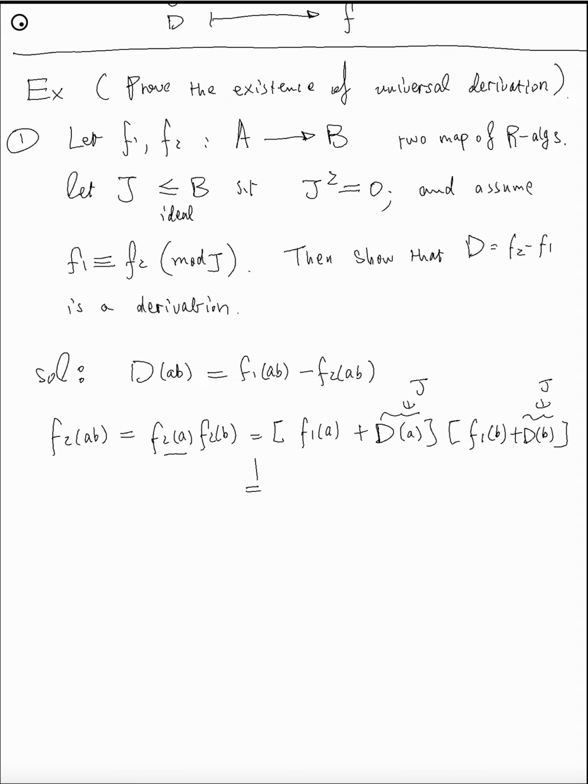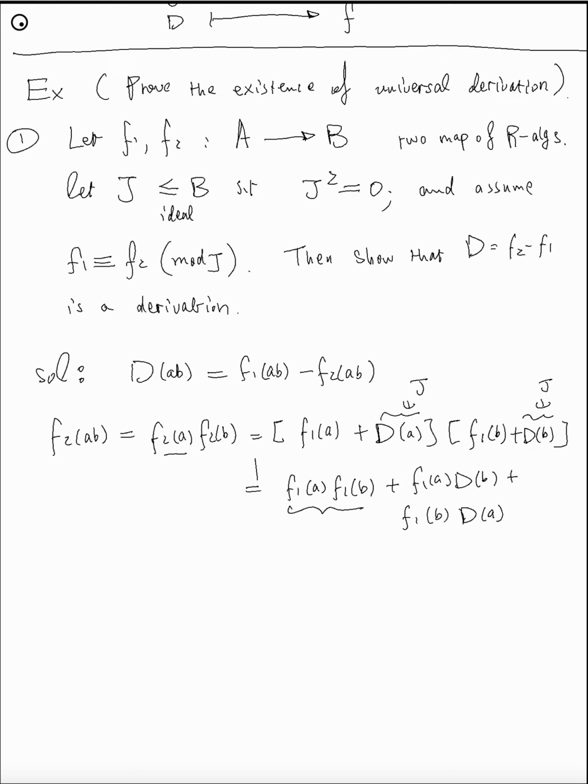J squared equals 0, and so when you multiply it, the last term disappears. You have only F1 of A, F1 of B plus F1 of A times D of B plus F1 of B times D of A. And the last term vanishes, and so this gives you just F1 of AB, right?